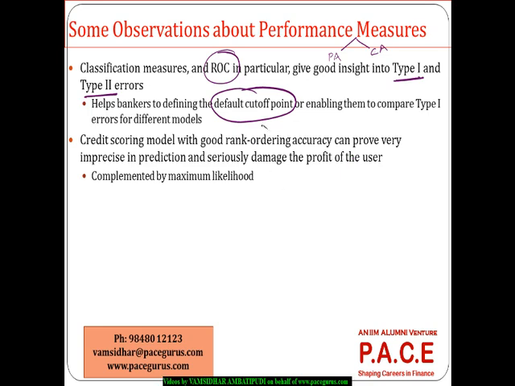They give a very good ranking order accuracy, whereas when I am looking at prediction accuracy kind of models, we can very well go ahead with the maximum likelihood, and used together they can give a much better classification, as well as the prediction of probability of default.